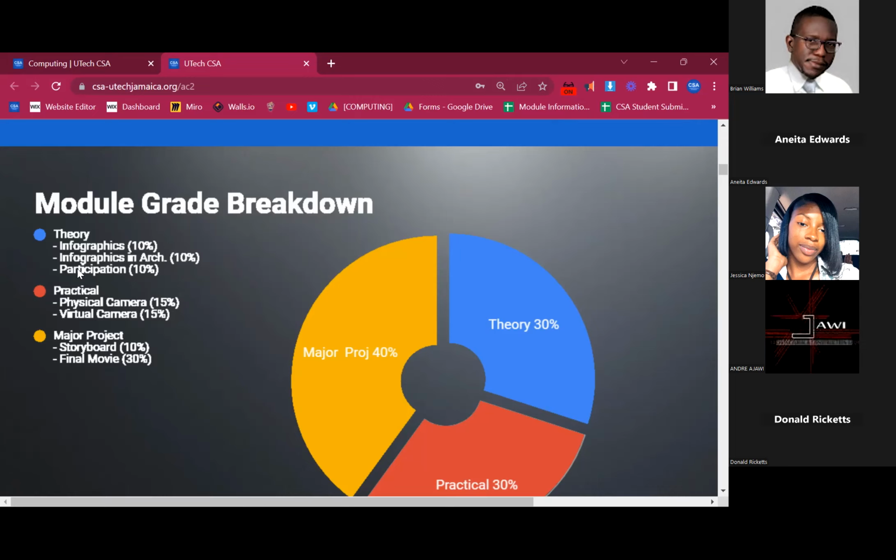Class participation is ongoing, so that's a 10%. If you notice, these two assignments here add up to 30%, right? So we're going to be doing the physical camera assignment, and that's going to be coming up right as we finish the lecture on the physical camera. So that is what we have coming.